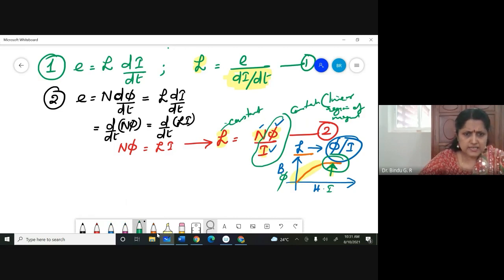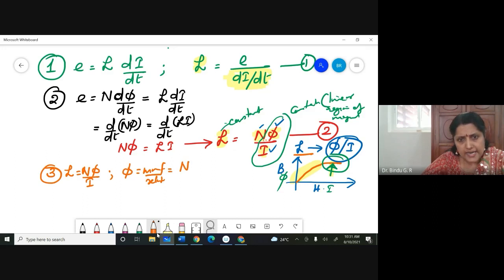Very last equation, last expression, 3, in terms of physical quantities. L is equal to, I'm taking this equation, N phi by I. Now, flux phi is equal to MMF by reluctance.